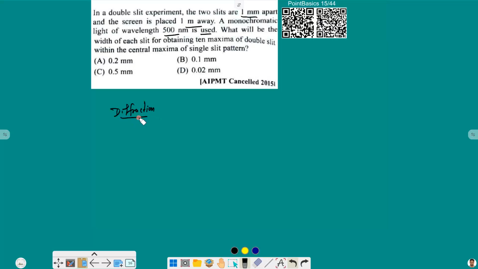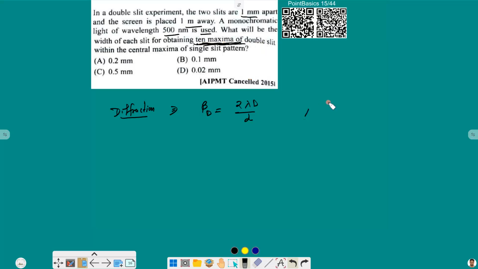In diffraction, the width of the central maxima beta d is equal to 2 lambda D by small a, and we have to make it equal to the width of 10 maxima of double slit.